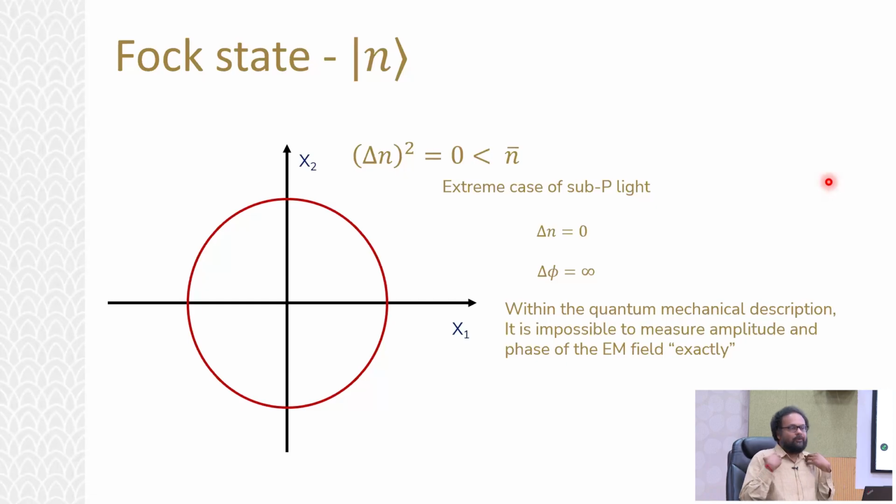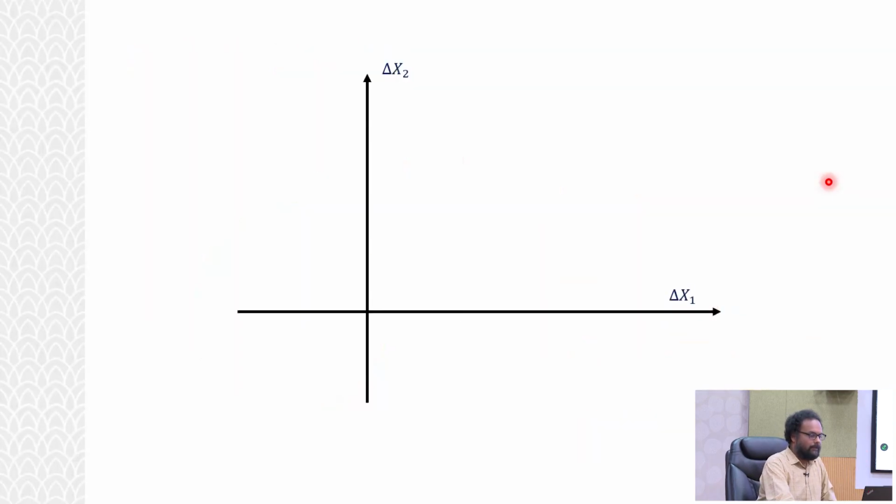And remember, all our coherent nonlinear response is embedded in the ability to measure amplitude and phase at the end of the day. That's kind of deeply rooted for us into what we want to do. Okay, this is the uncertainty for a Fock state. Let's not worry about that.